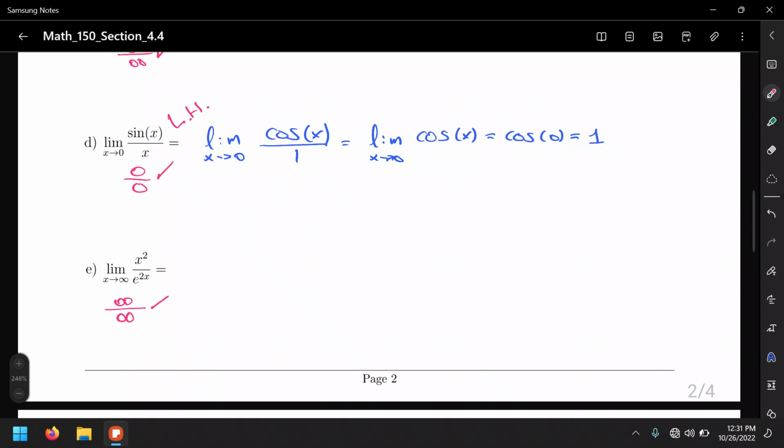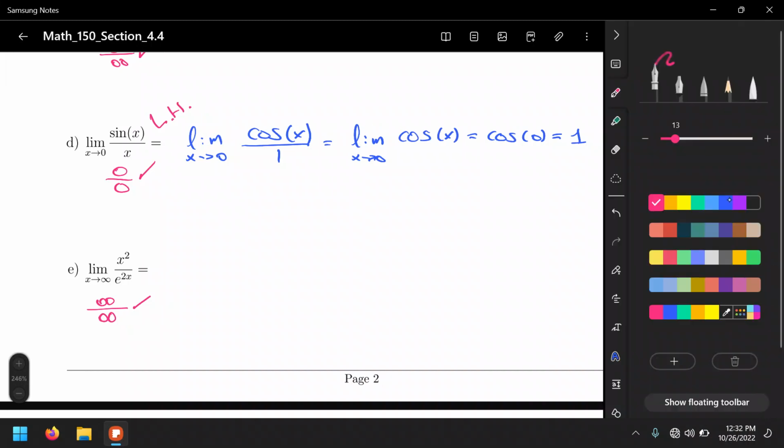That means L'Hopital's rule applies, or any algebraic technique. But again, we have a polynomial and an exponential, so no algebraic technique is going to work here. So all right, L'Hopital's, LH, that's a limit x approaches infinity.